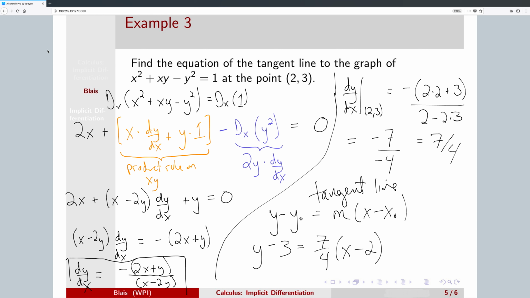Let's do another example here. Suppose we have the following example. Suppose we have x plus tangent of xy equals 0.